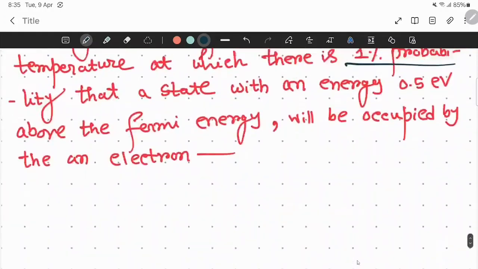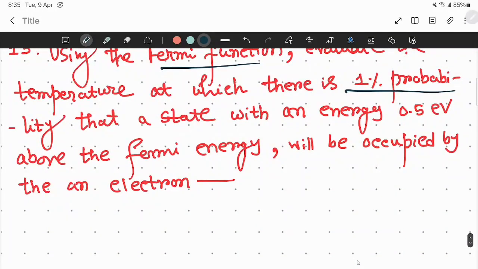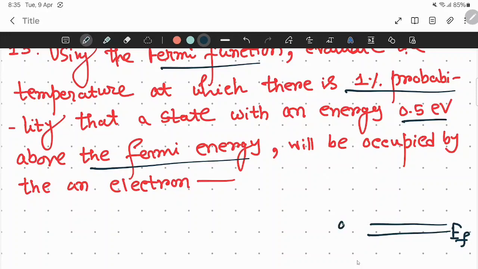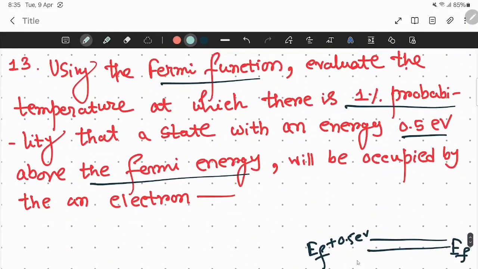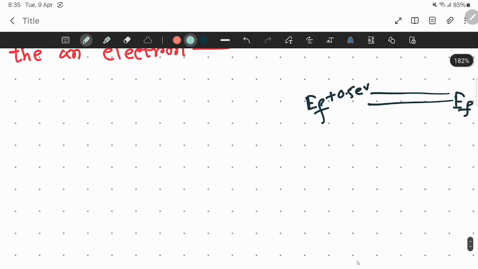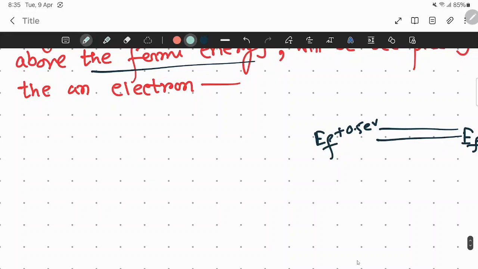So now they are saying that just 0.5 electron volt above, let's say this is our Fermi energy, EF, in this state, EF plus 0.5 electron volt. If it is T tends to 0, then you can directly write down that it will be 0. But we have to find out the temperature for which it will not be 0, it will be just 1%. That we have to find out. Very good question. Let us try.